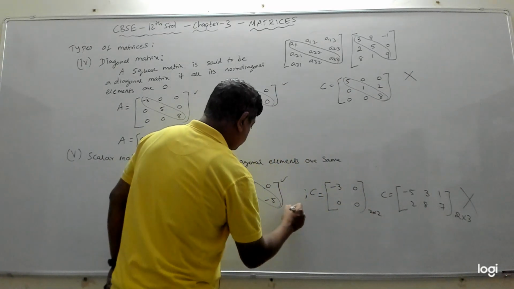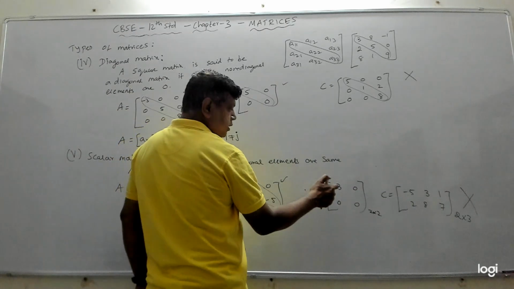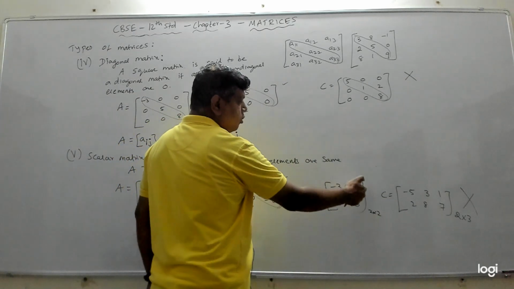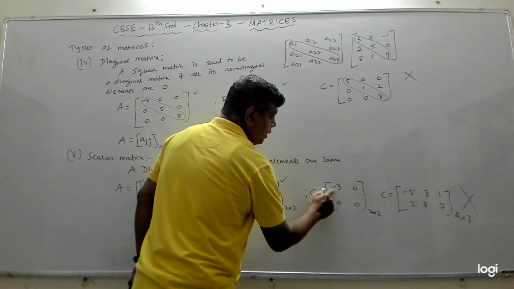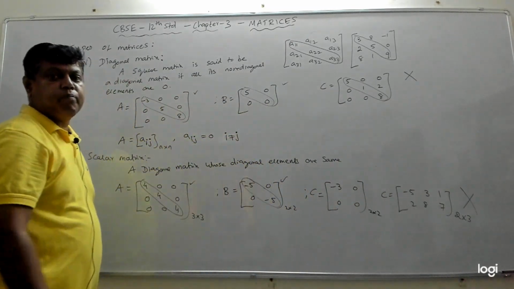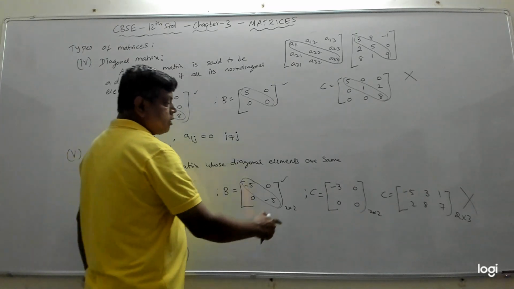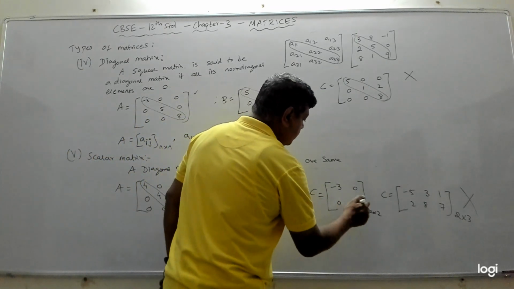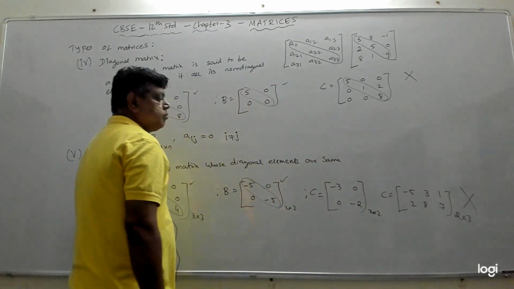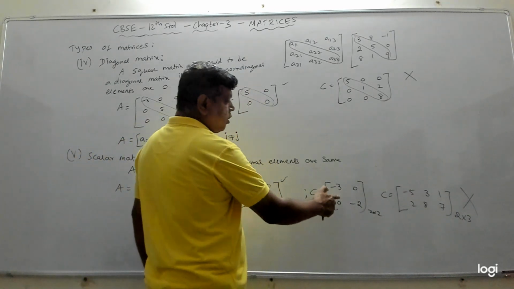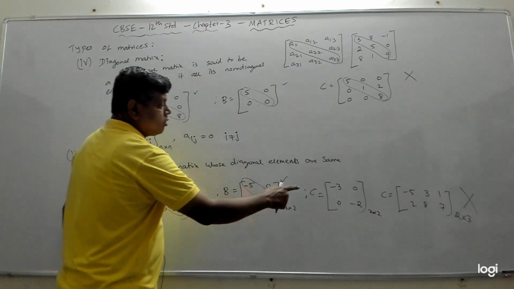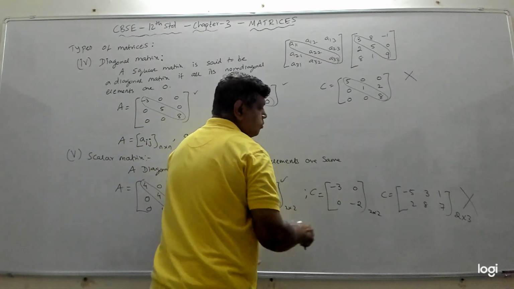It's a diagonal matrix, but the diagonal elements are not the same. Or I can even have it as -2, it doesn't matter. This is a diagonal matrix, but it's not a scalar matrix because the diagonal elements are not the same: -3, and this is -2.